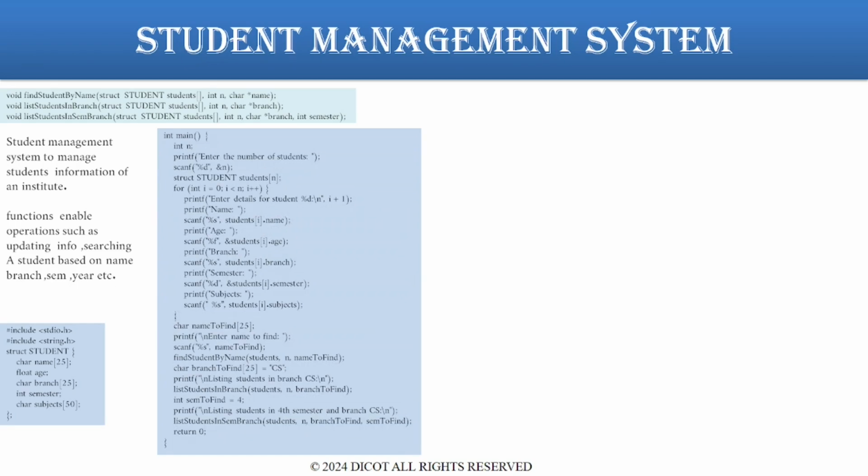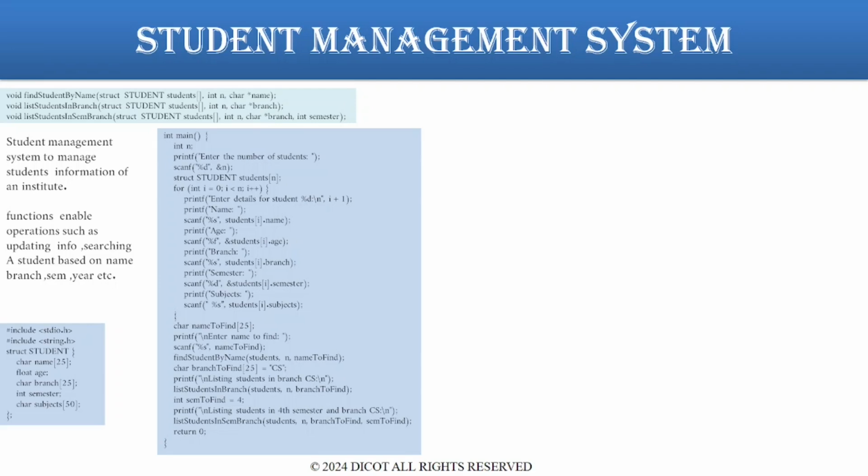In this program, instead of fetching the student data from a database or files, we are receiving it from the input device. We can always modify it to include a database or a file system access. Here, we are entering the number of students. Then we are declaring a student list using that number.